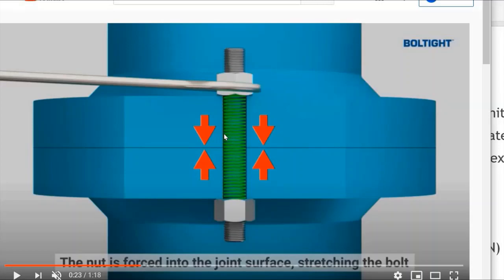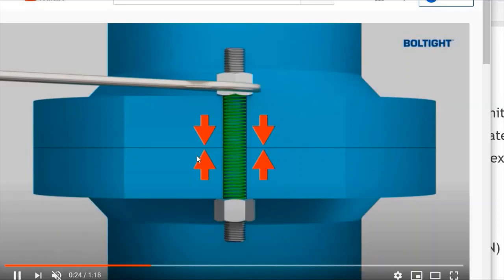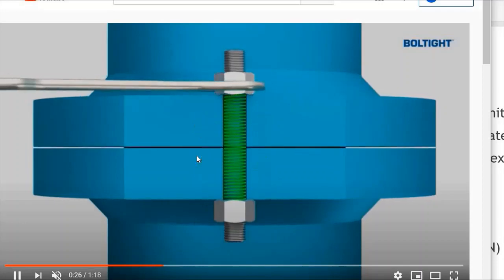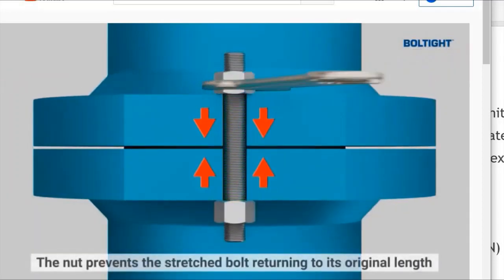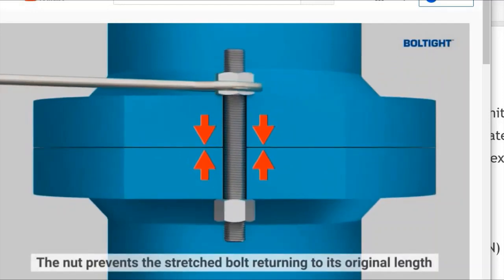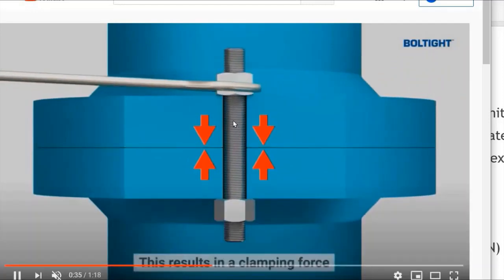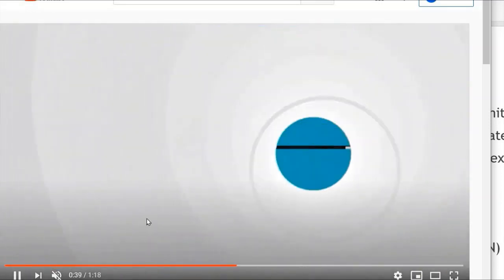So in effect, the portion between the two nuts, you can see there are two nuts in this figure, is under tension. When we are loosening the nut, the tensile force reduces. When we are tightening, the portion in between these two nuts will be under tension.